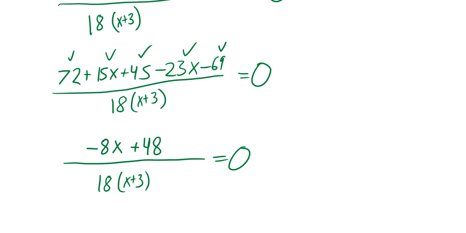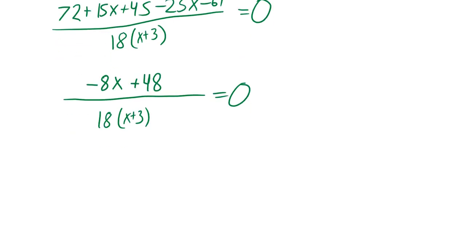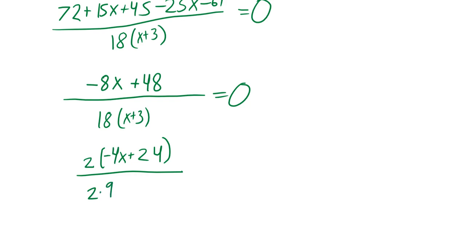Now I simplify this. It looks like I could take a 2 out of the numerator and denominator. 2 times negative 4x plus 24. On bottom, 18 is 2 times 9, times x plus 3.